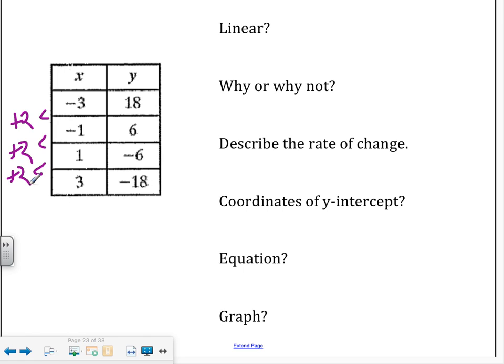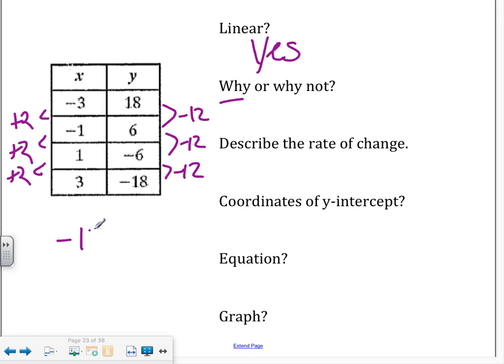On the y, it's decreasing, so 18 to 6 decreasing by 12, 6 to -6 decreasing by 12, and then finally decreasing by 12 again. So we can say this is linear, and then we want to say why. So to find the rate of change, we want to find how y changes as x increases by 1, not 2.